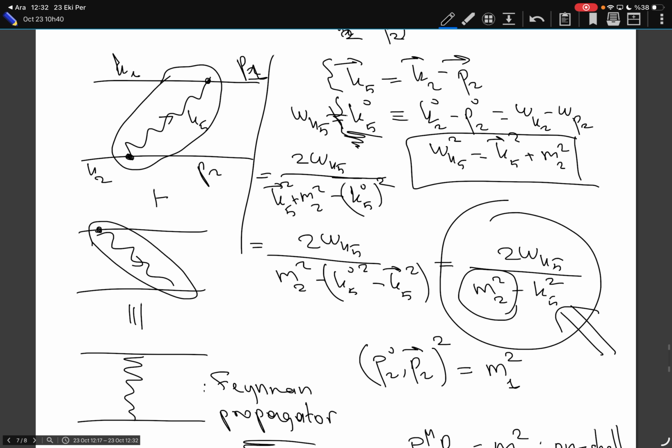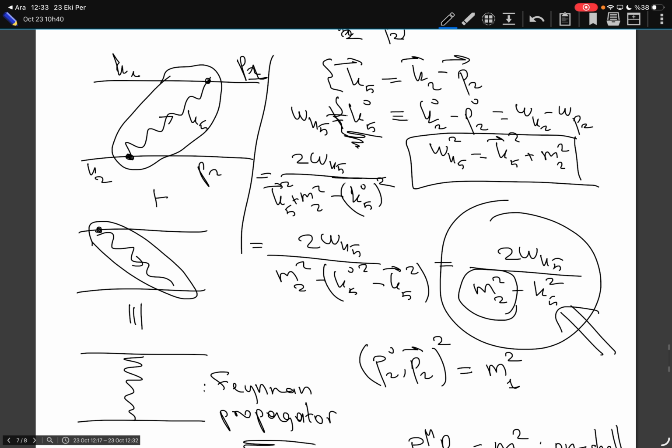But of course, the terminology that we in general use is that this k5 particle has the zero component k5 zero, which we derive using momentum conservation at each vertex.